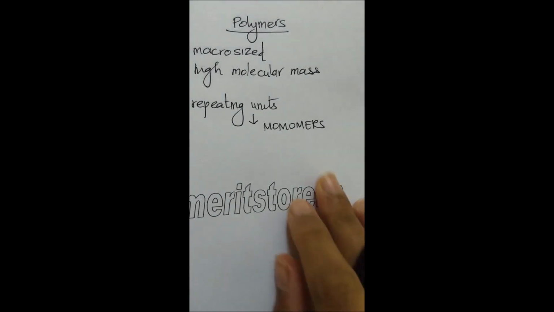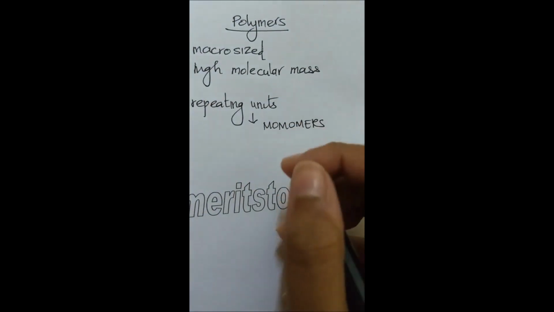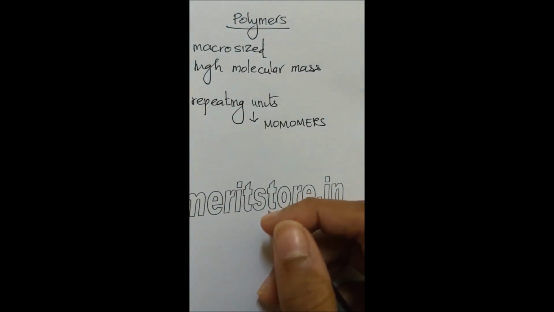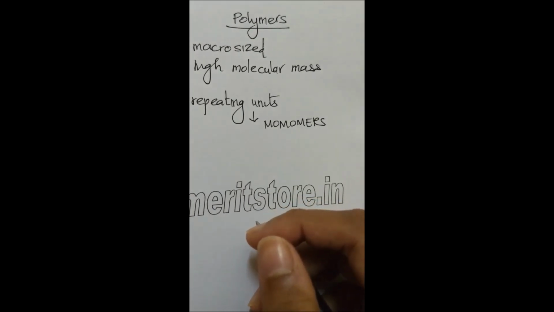So we can say that polymers are made up of a large number of repeating units called monomers, and this process of joining together a large number of monomers is termed as polymerization.